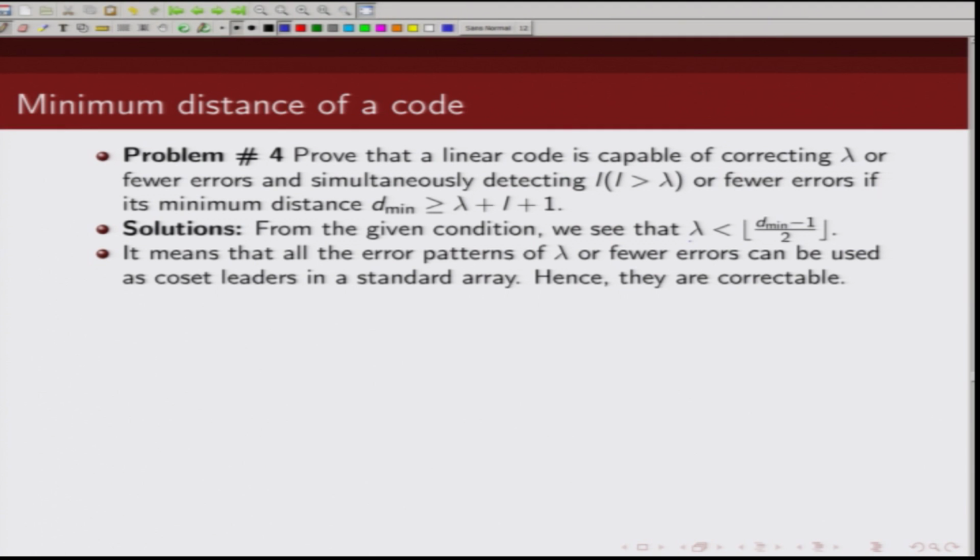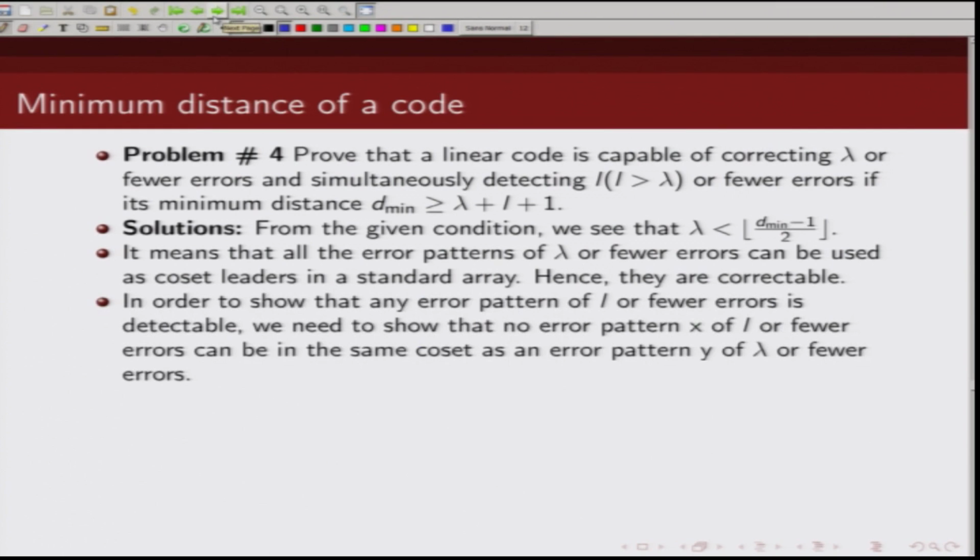Since lambda errors can be corrected, we can put all error patterns of lambda or fewer errors as coset leaders in our standard array, and they can be corrected.